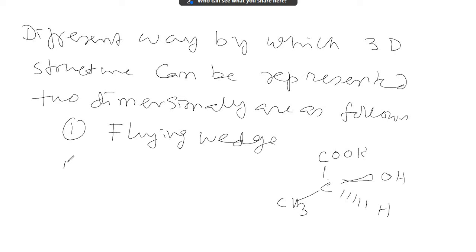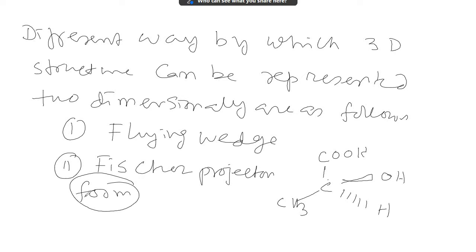Another one is called the Fischer projection form. In the Fischer projection form, the chiral carbon, which is the carbon attached to 4 different groups, is marked by an asterisk. The chiral carbon is written at the intersection of the horizontal and the vertical line.